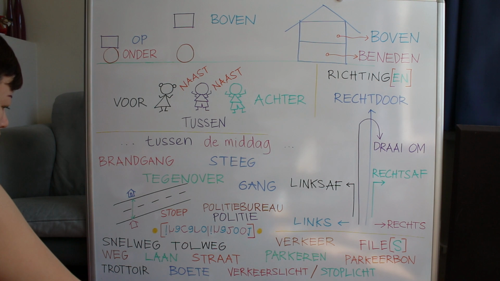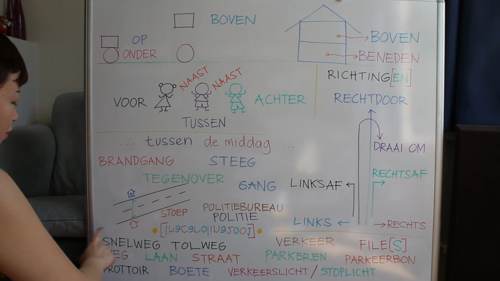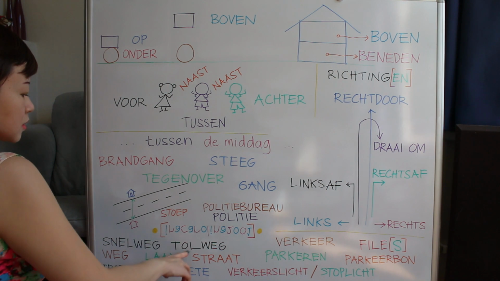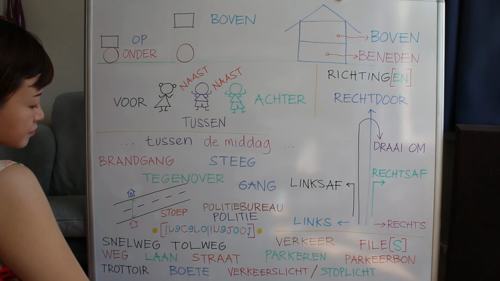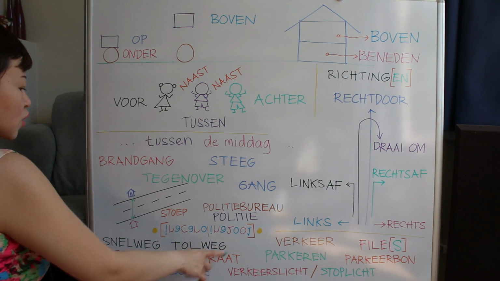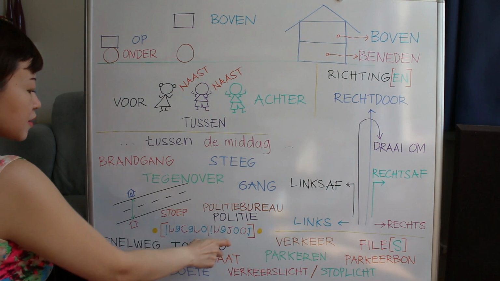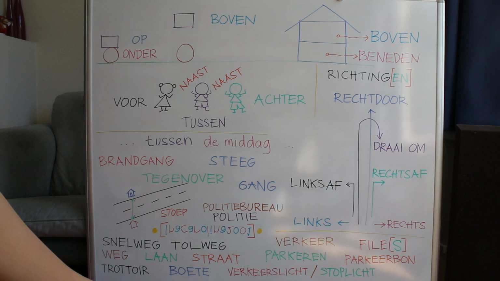Snelweg, highway. This one, if you don't have to pay, but if you have to pay, tolweg. The toll road is tolweg. One word, even though it's from toll and weg. And then we have weg, road or way.